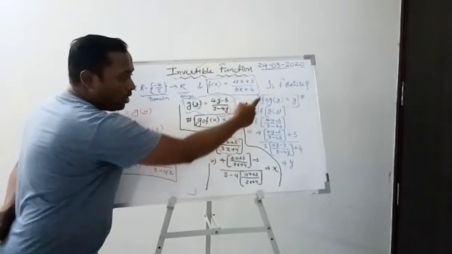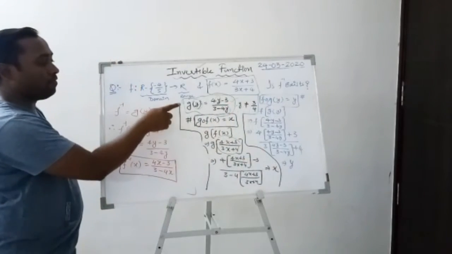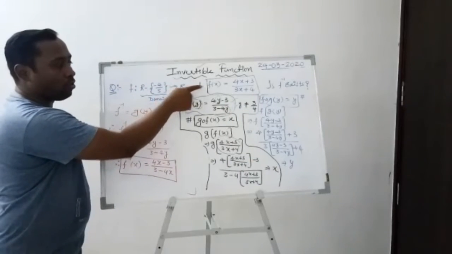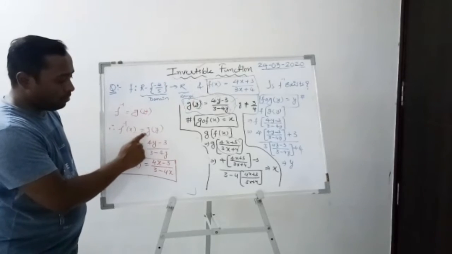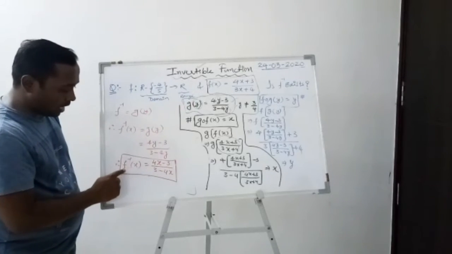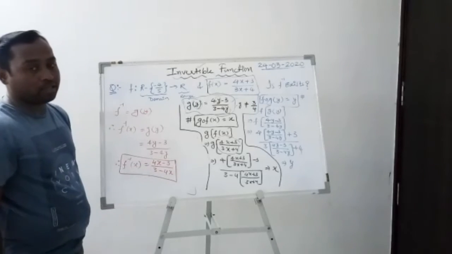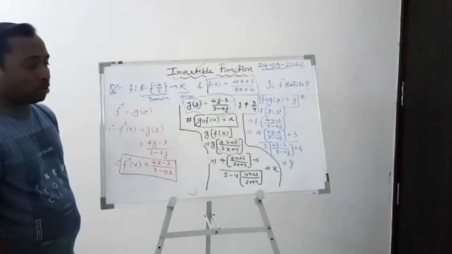So once we are able to prove these two statements are true, then the defined function g of y is called the inverse of this function. Hence, inverse of the function is nothing but the g of y function, also written as f inverse x is equal to (4x minus 3) by (3 minus 4x). So this is all about the invertible function.